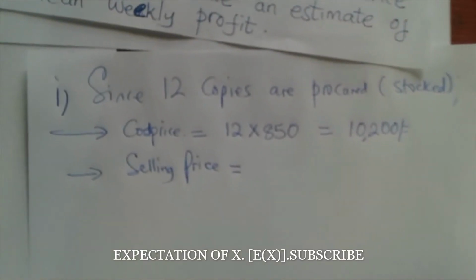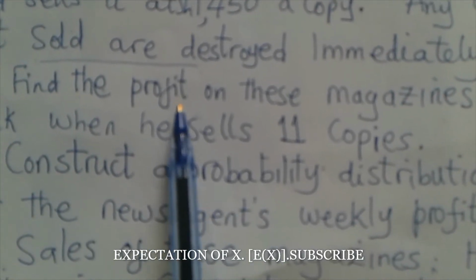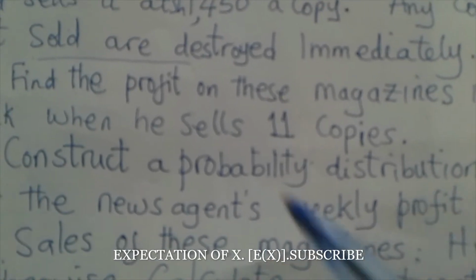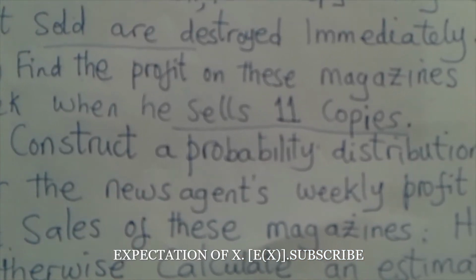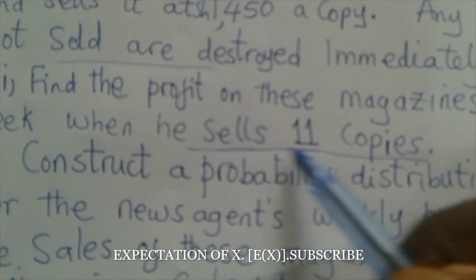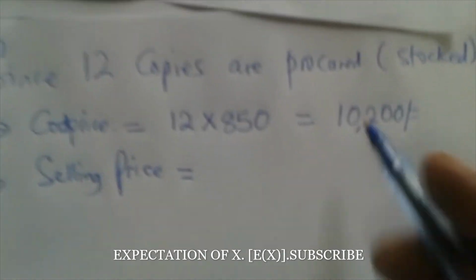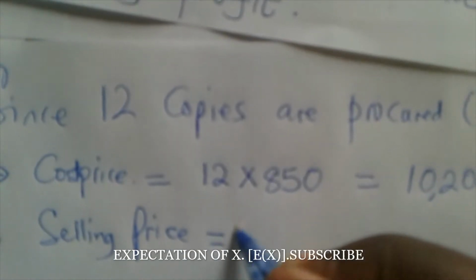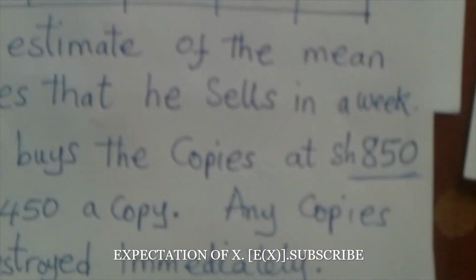The selling price. Now, Roman 1, they want profit on 11 copies that this news agent sells. So if 11 copies are sold and we know our cost price, we can get the selling price by getting 11 copies times how much per copy.